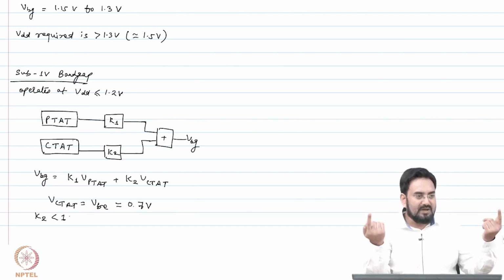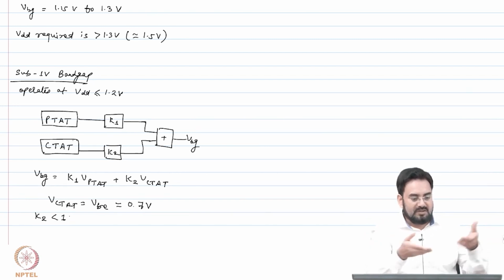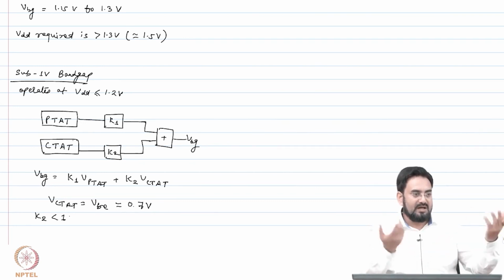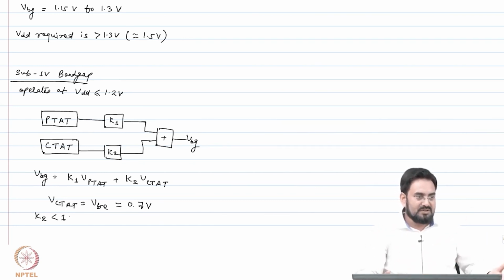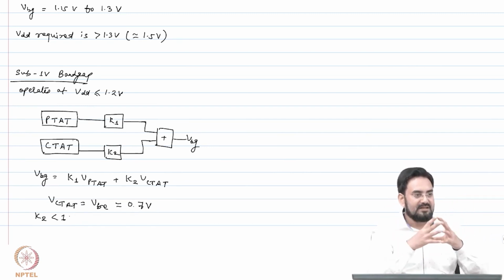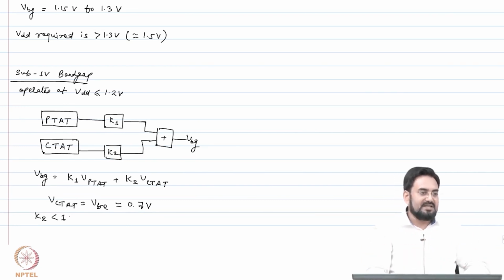It is not that only one, because in the other case you had a VB which is fixed. So, your K scaling factor will always be fixed depending upon what R1, R2, M you choose, but that R1 by R2 multiplied by M factor will not change. But in this case, if you change the K2, then K1 requirement will also change.